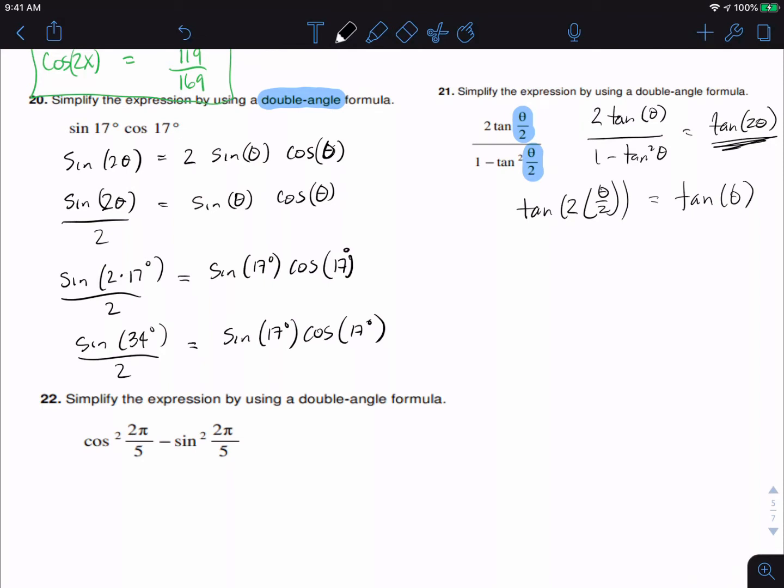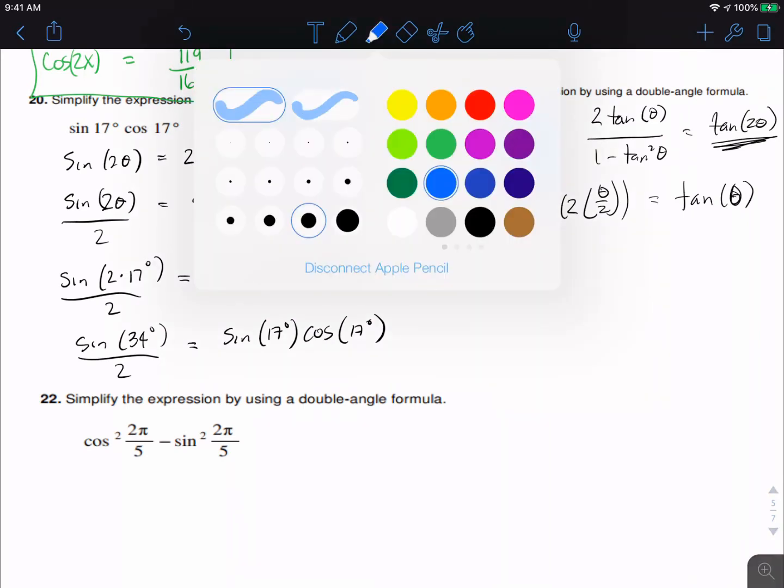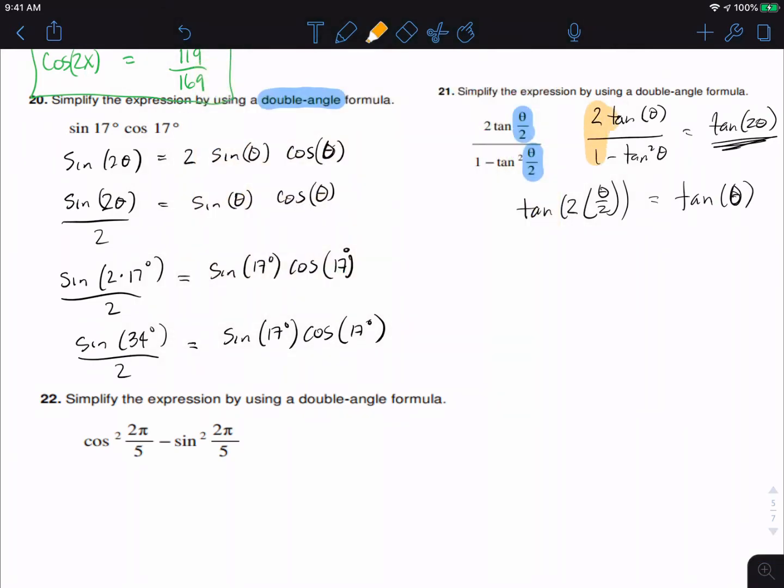Okay, does that make sense to you guys? We use the formula, and I'll just highlight the formula so you guys have it. We're going to use this formula that we've learned prior, and then using tan of 2 theta with the angle that they gave us in the blue to plug in for theta, the 2's are going to cancel each other out, and so we just get tan of theta.